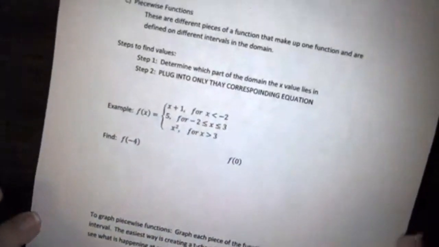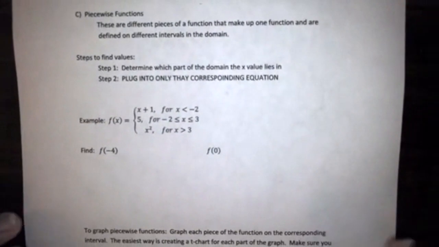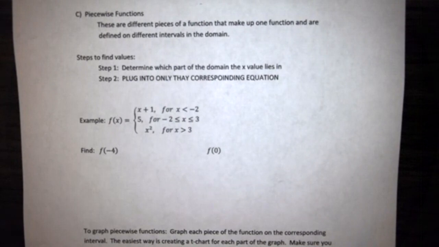Last, I wanted to look at a couple piecewise examples, just so that you have a little bit more under your belt. Again, you need to remember that in order to evaluate, you have to determine which domain your evaluation falls in, and then use only that piece.